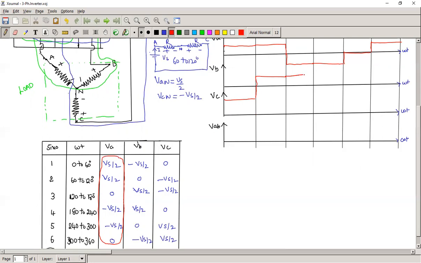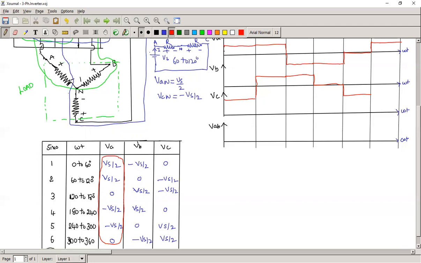Again plus Vs by 2, then 0, again minus Vs by 2, and the last interval also.